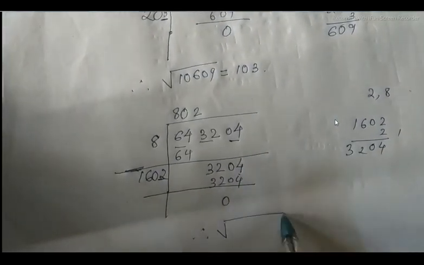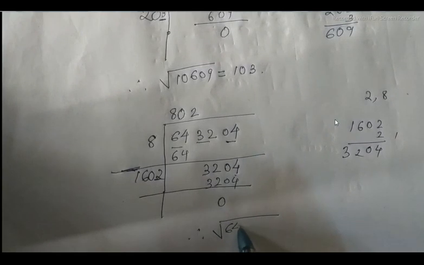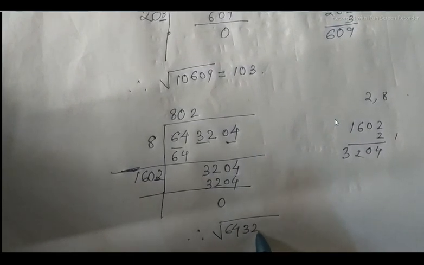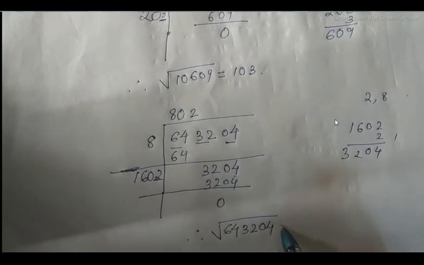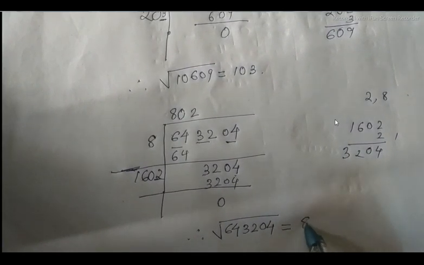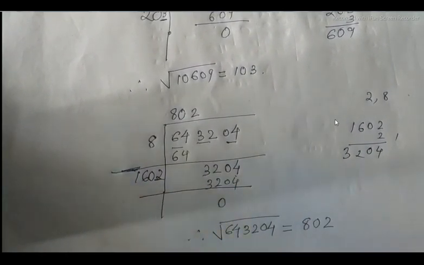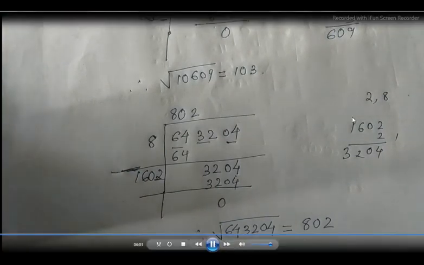Therefore, the square root of 643,204 will be 802. So this is another type of perfect square numbers.